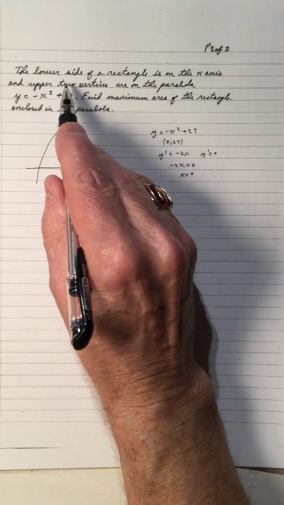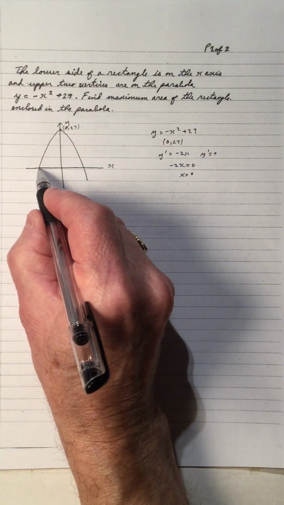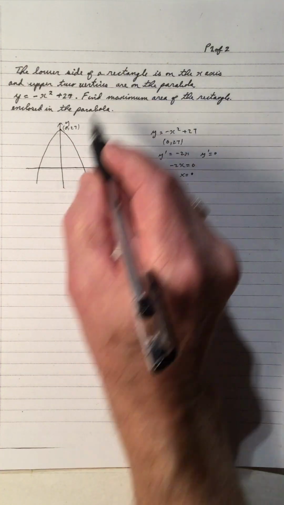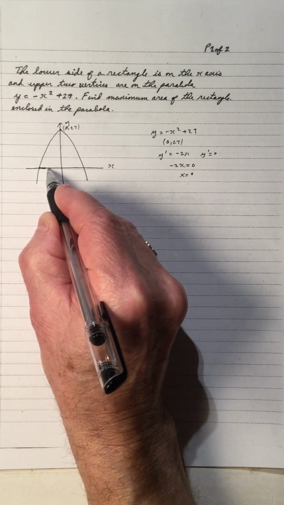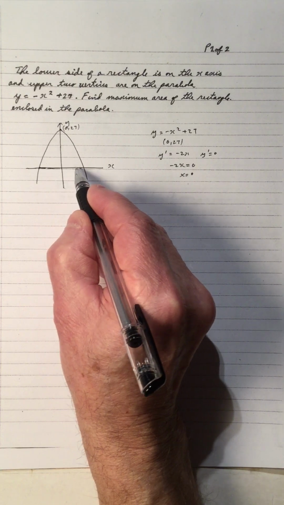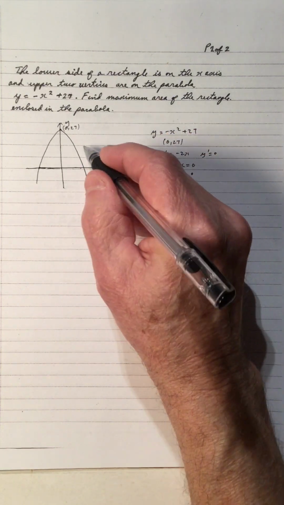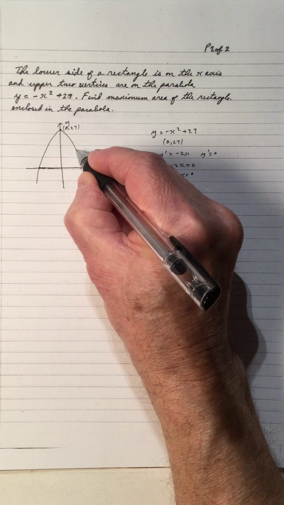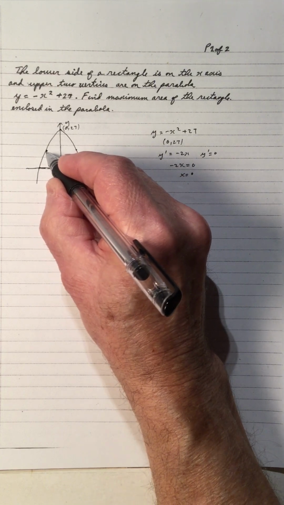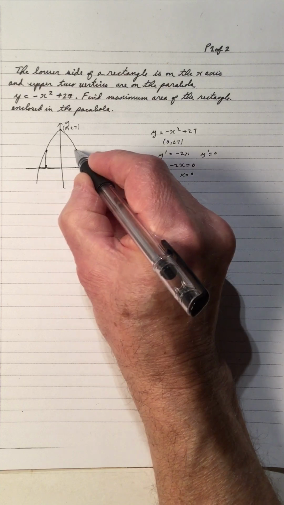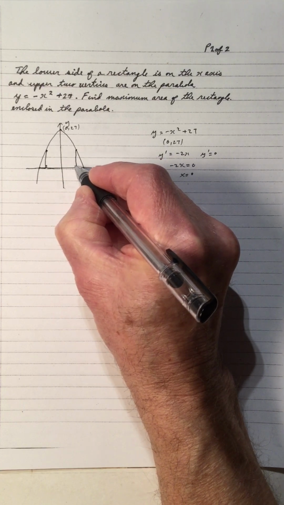So the lower side of the rectangle is on the x-axis, that's here, and the other two vertices lie on the parabola. So we take this point here and this point here and drop a perpendicular down to the x-axis.